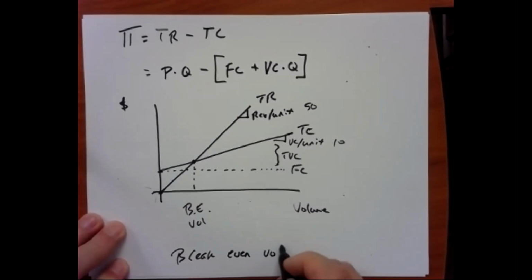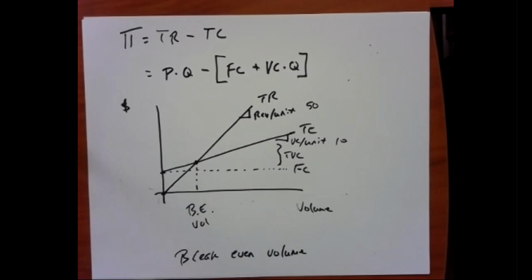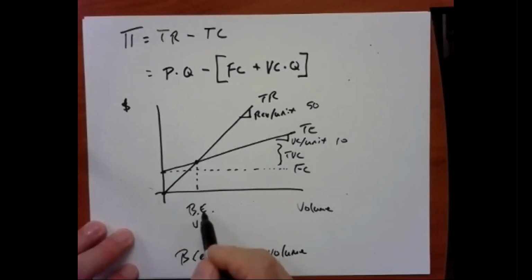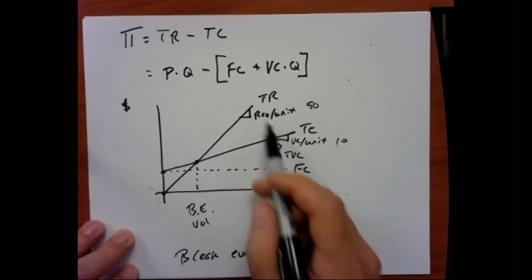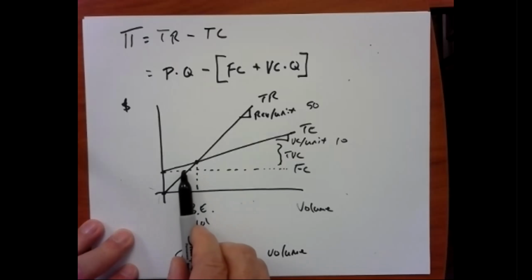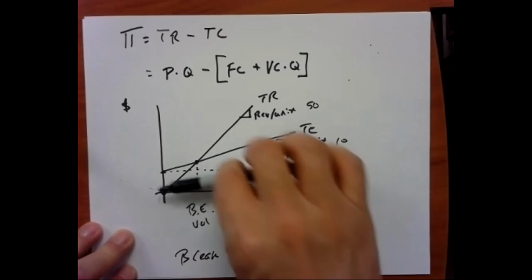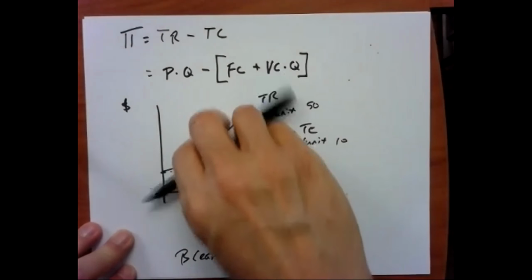So we know visually these two things are equal at this point. At whatever the break-even volume is, the total cost is equal to the total revenue because the lines are crossing each other. When we're to the left of the break-even volume, total costs are bigger than total.